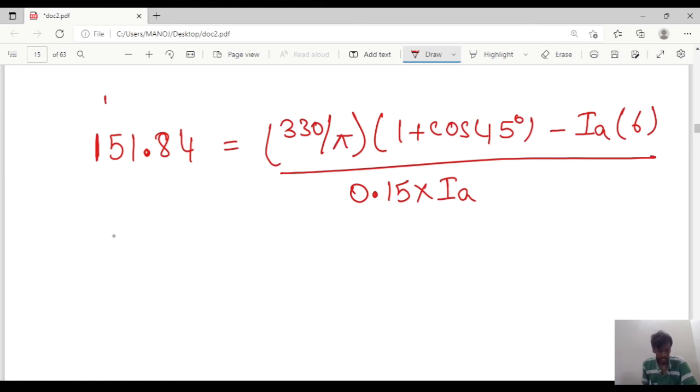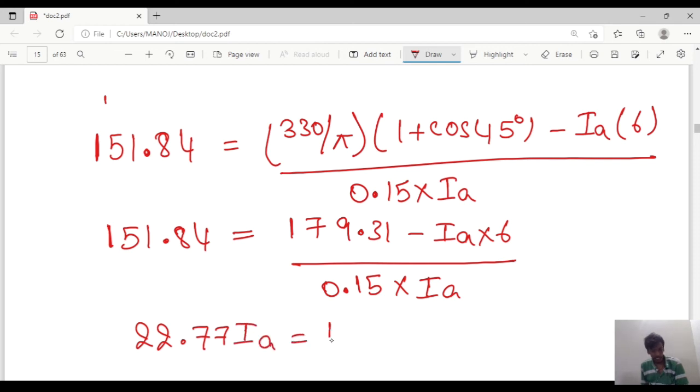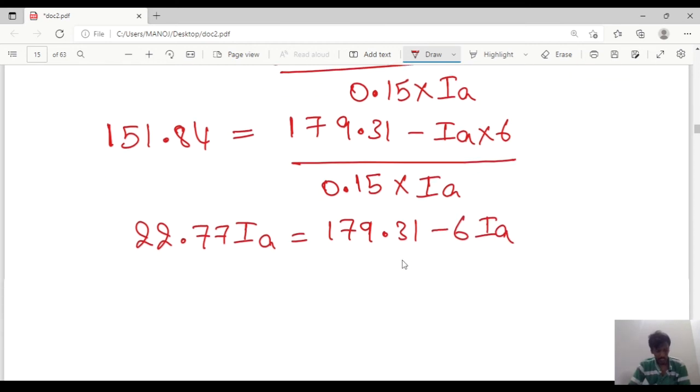From this we can calculate: 151.84 equal to (179.31 minus Ia into 6) by 0.15 into Ia. So 22.77 Ia equal to 179.31 minus 6 Ia.